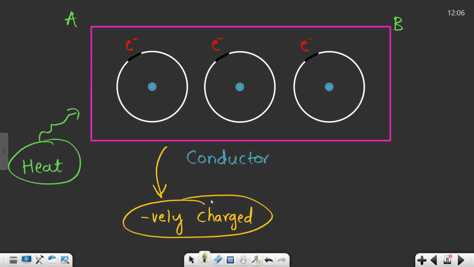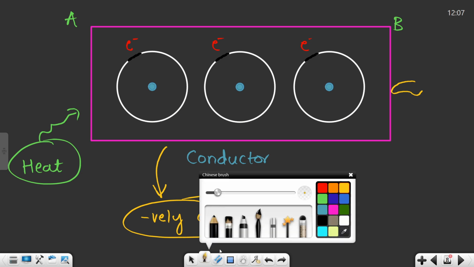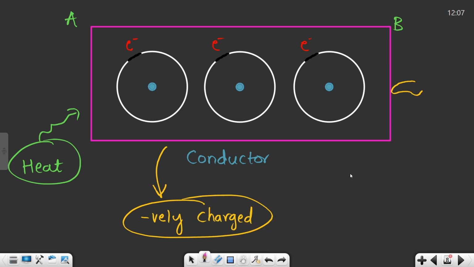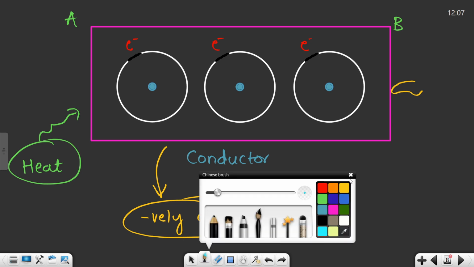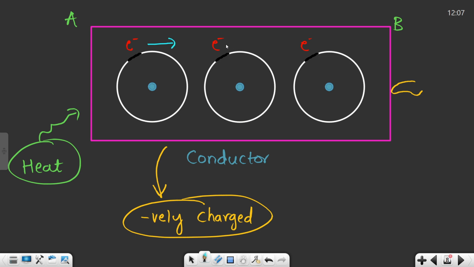Let's suppose I am touching my finger over here, and my body is neutral or positively charged, whatever you want to say. What is going to happen? The flow of electrons will be in this way. That means my electrons will flow in this way, and eventually all of these electrons will move inside my finger.